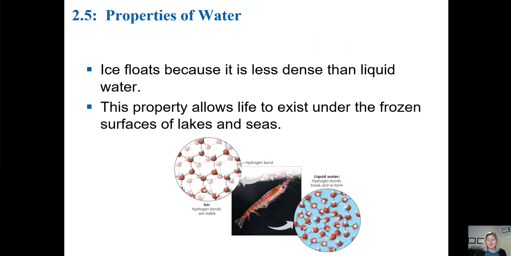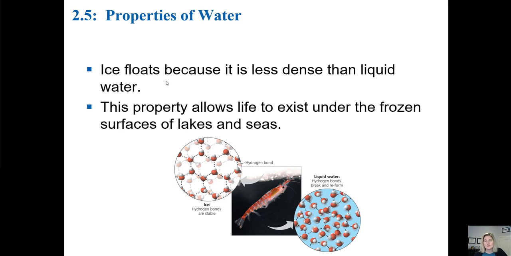All right, so we talked about the high specific heat, the evaporative cooling, and so forth. So let's get into one interesting thing about water, which is that when it cools and it changes to a solid form, it actually expands. Okay, so this is pretty unusual. So in its liquid form, it's actually going to be smaller than in its solid form.